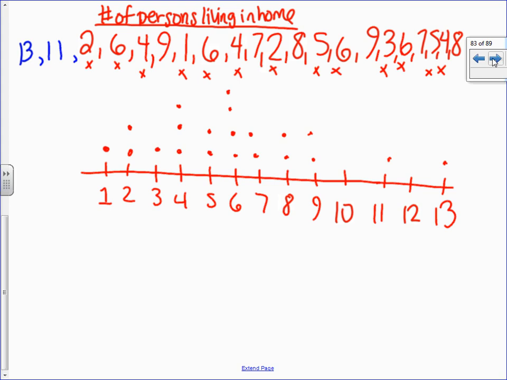Then you have to determine how wide to make your bins, or how wide to make your bars on your histogram. So we're going to write number of people in household on the bottom.